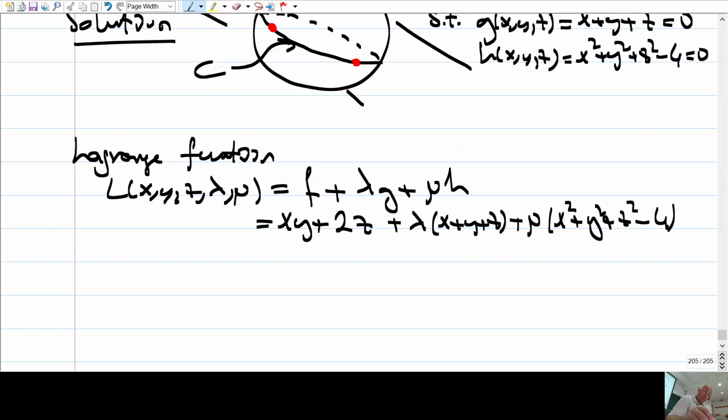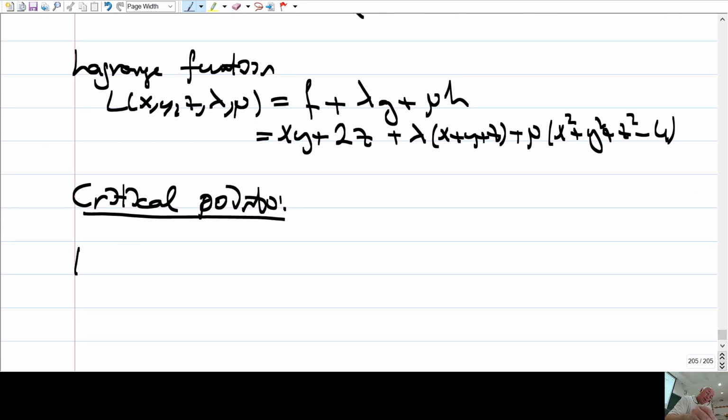Okay, now we look for critical points as usual. We write down the equations. Lx, derivative with respect to x is just y plus lambda, and then we get 2 mu x.